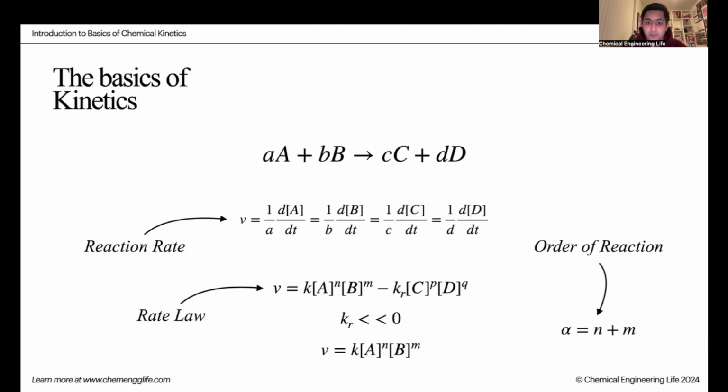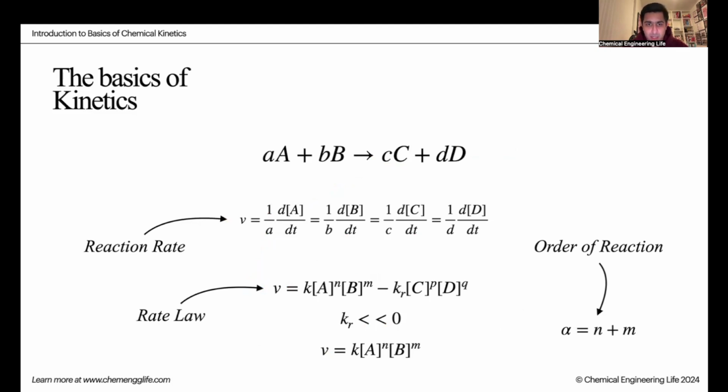We write that up in mathematical language as a differential, where the square brackets mean concentration, and the A written in the bracket means the concentration of A, the molar volume of A, divided by dt, where t, the small t, is time. So that differential simply means the change of the concentration of A over the change of time.